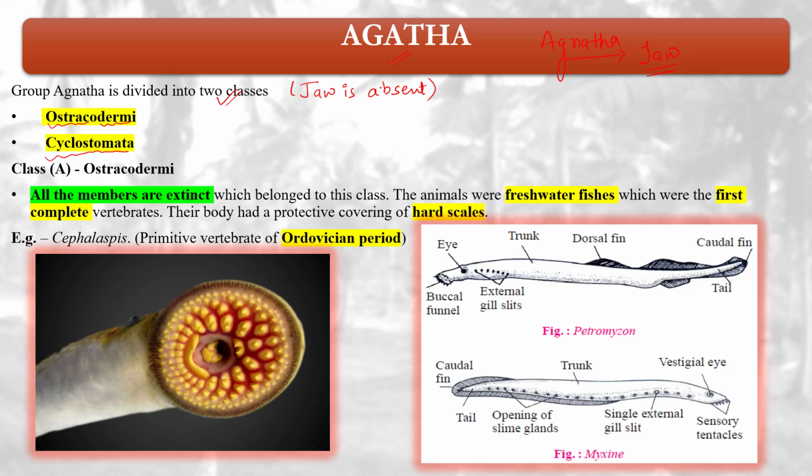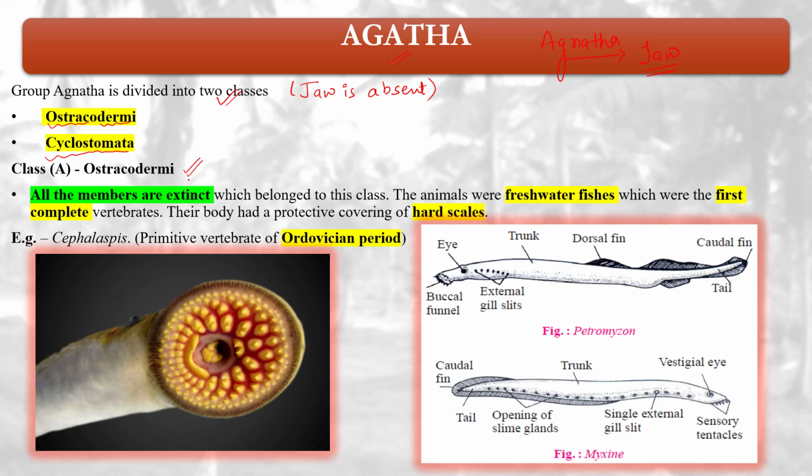It includes ostracodermi and cyclostomata. Ostracodermi is a class under the subphylum Vertebrata, which is further divided into ostracodermi or cyclostomata.